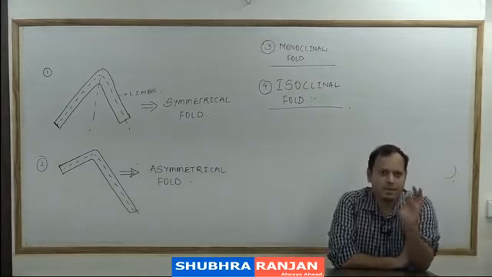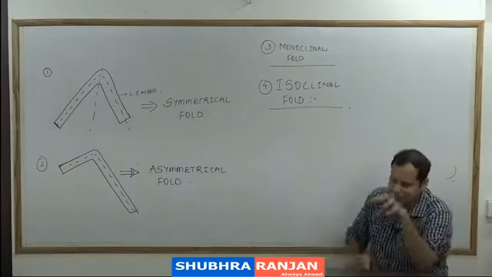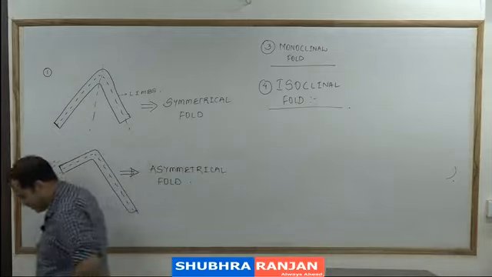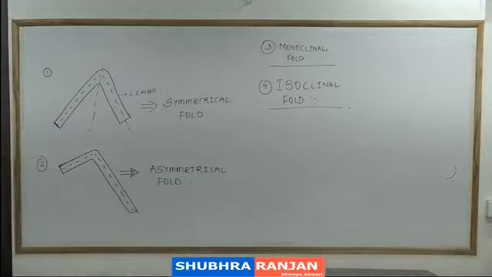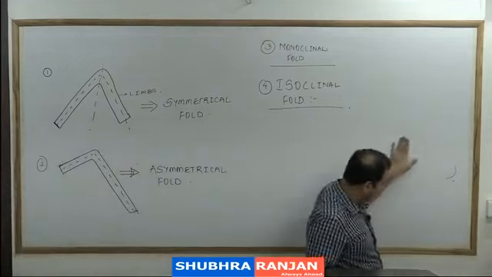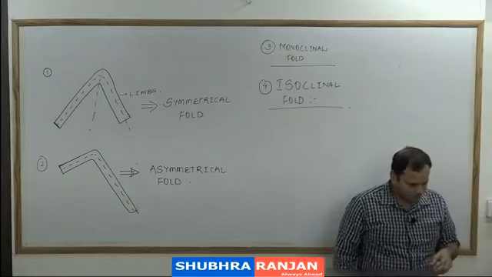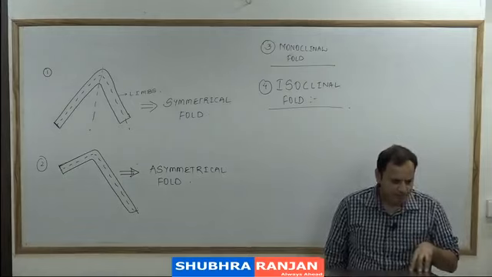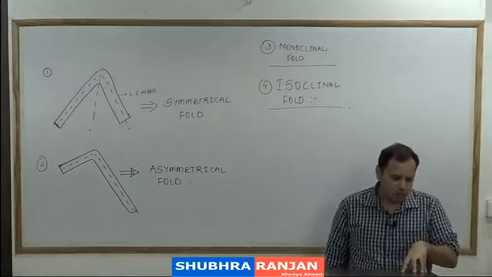Monoclinal: if one limb of a fold is steeply inclined, while the other limb is gentle, it is known as a monoclinal fold.